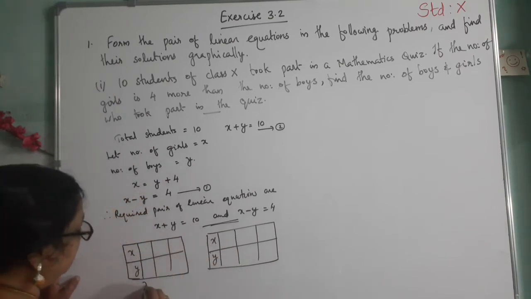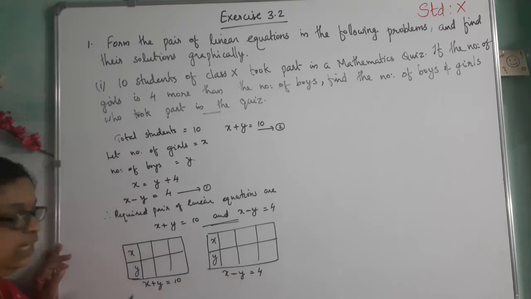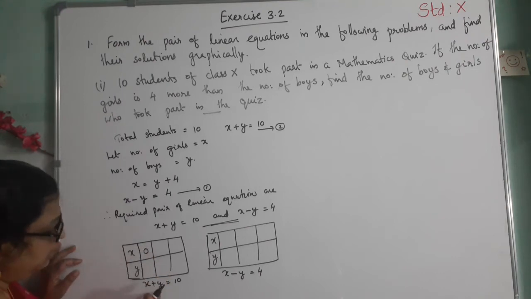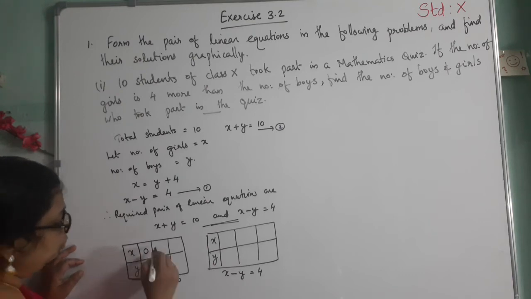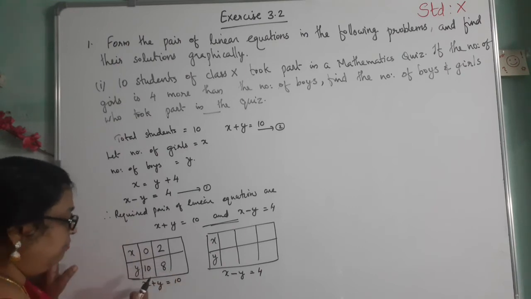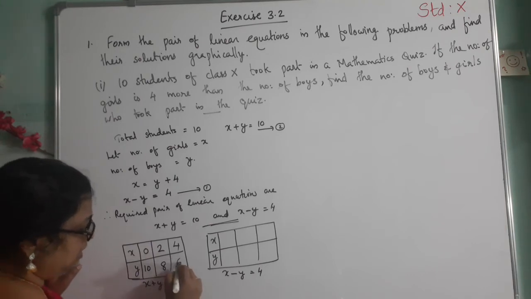Then this is x plus y is equal to 10 and this is x minus y is equal to 4. Now we can find some points. When x equal to 0, then y is equal to 10, and when x equal to 2, then 2 plus y is equal to 10, so y is equal to 10 minus 2, that is 8. Then when x equal to 4, y is equal to 10 minus 4, that is 6.